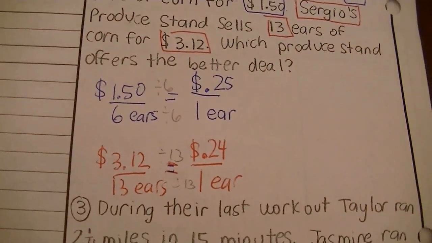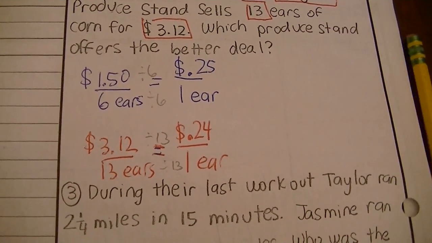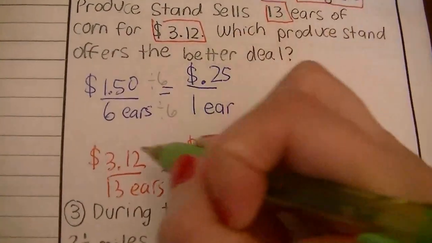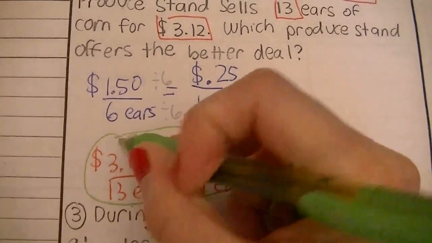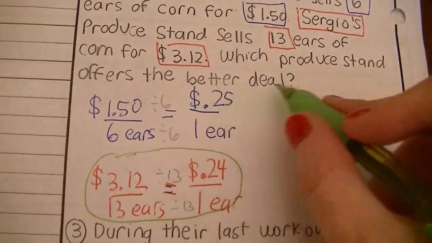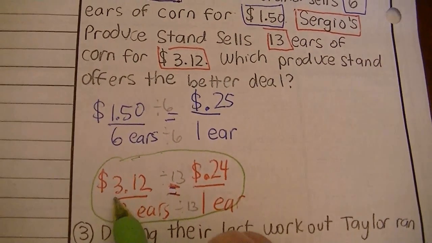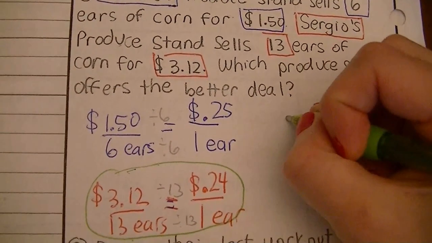Okay, so right here, you can decide right now which one's the better deal, so go ahead and circle it. And you should have circled this one. And we got to write our sentence. Which produce stand offers the better deal? Whose stand was this? It was Sergio's.